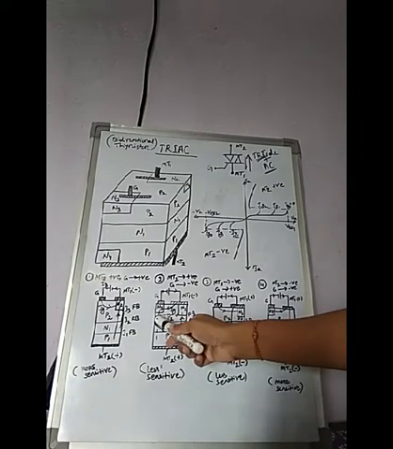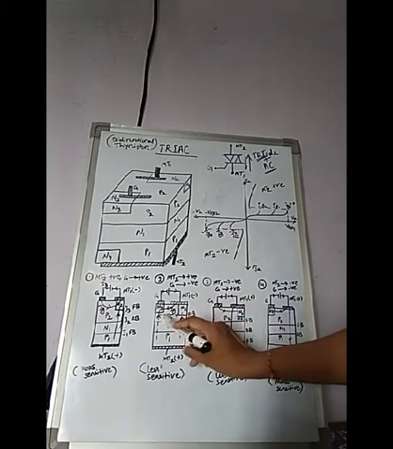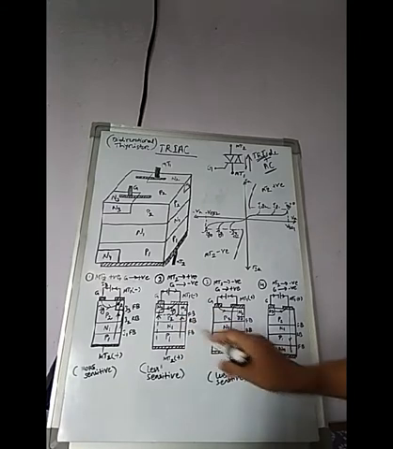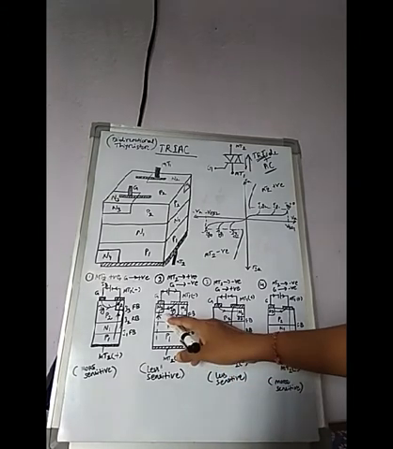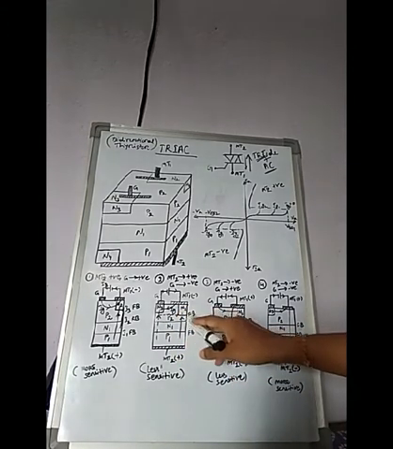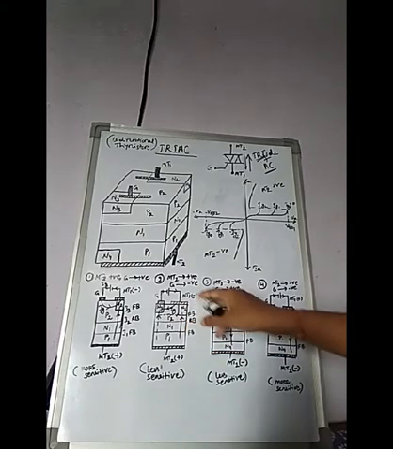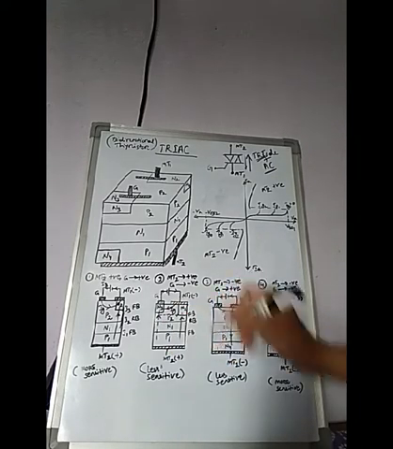This current path is shown by this dotted line, established in the P2 layer from left to right.